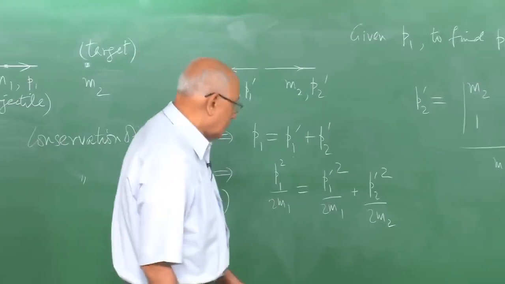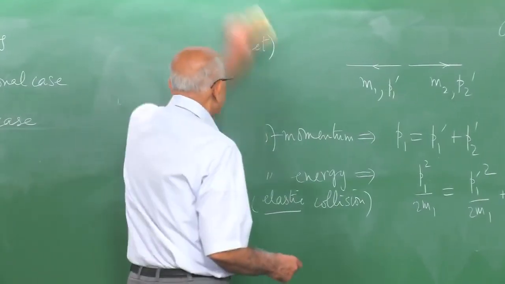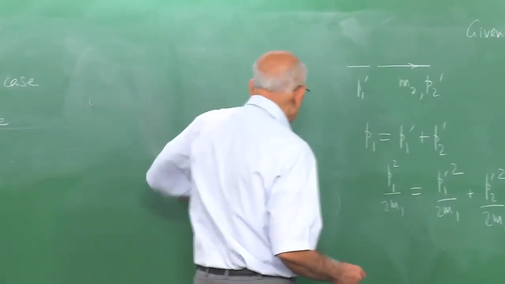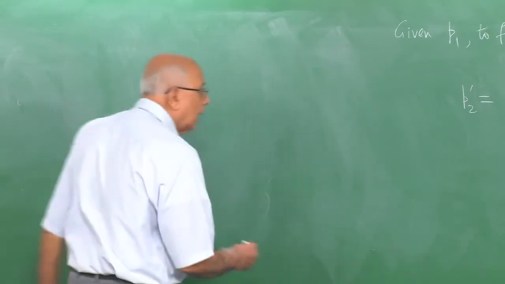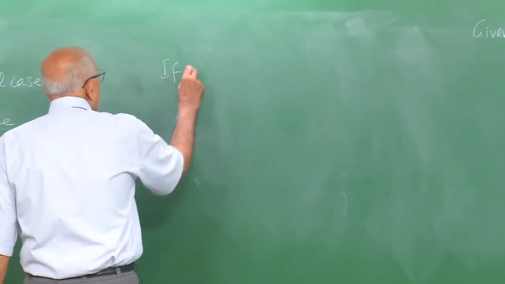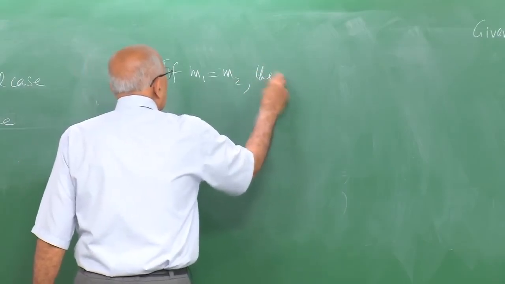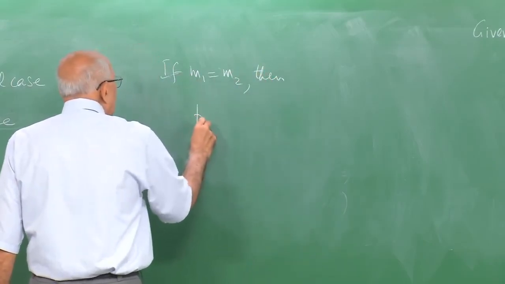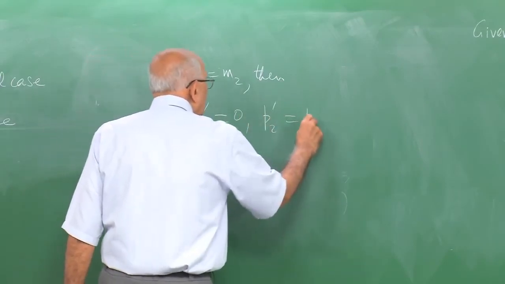Incidentally, notice that if it should so happen that m1 equals m2, then p1 prime is equal to 0 and p2 prime equals p1.